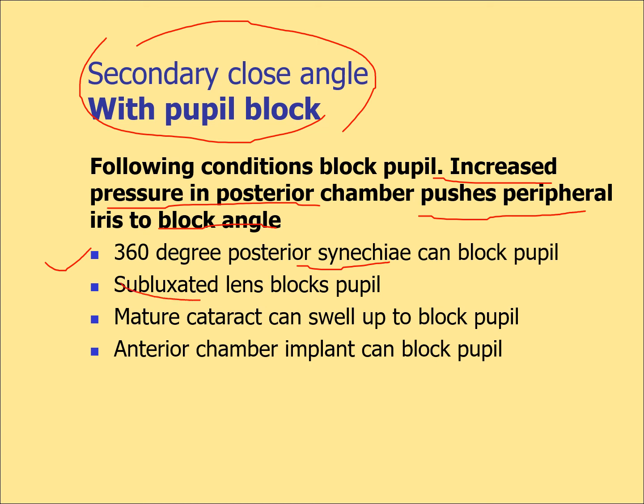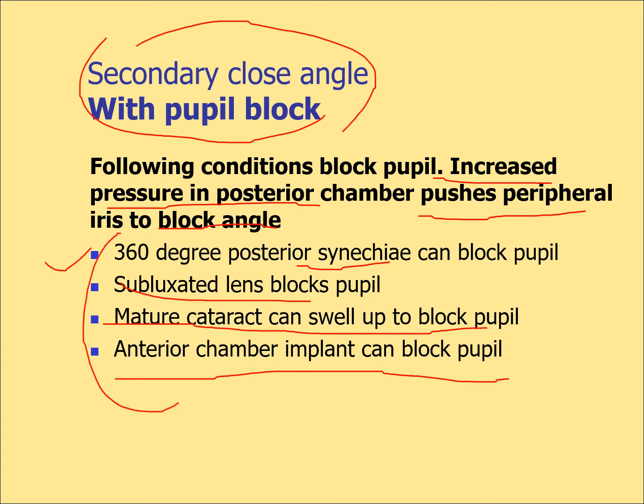A subluxated lens can block the pupil physically, and so the angle closure develops. Or a mature cataract can swell up to block the pupil, or an anterior chamber implant can block the pupil. So in all these four conditions, the pupil is blocked, which causes bowing of the peripheral iris anteriorly and blocks the angle. So these conditions cause secondary angle closure glaucoma with pupillary block.